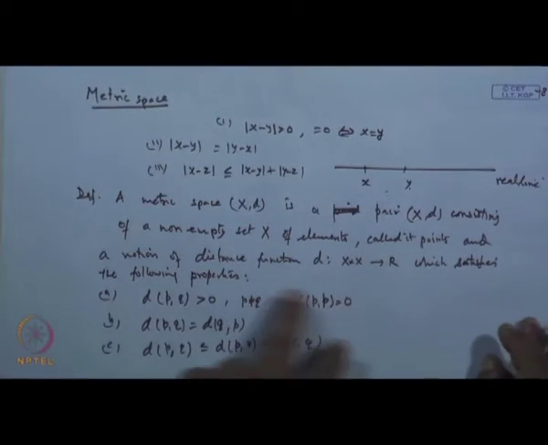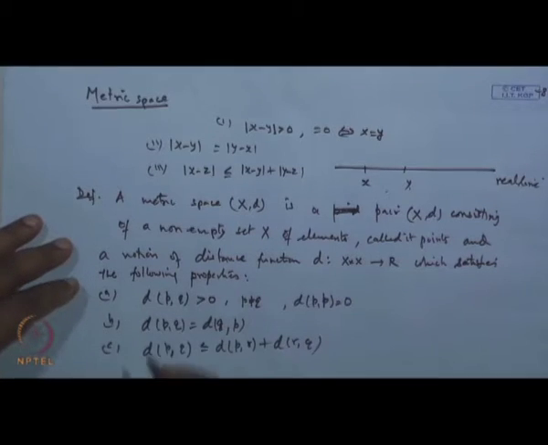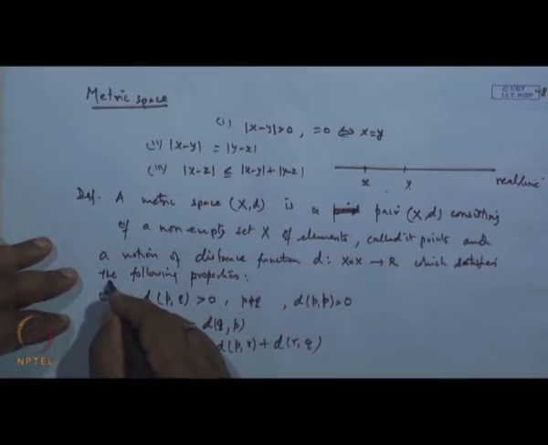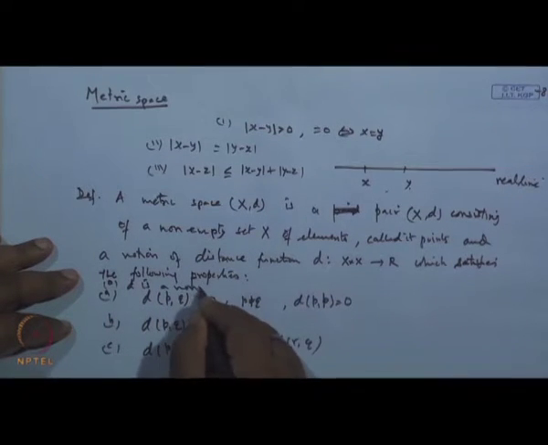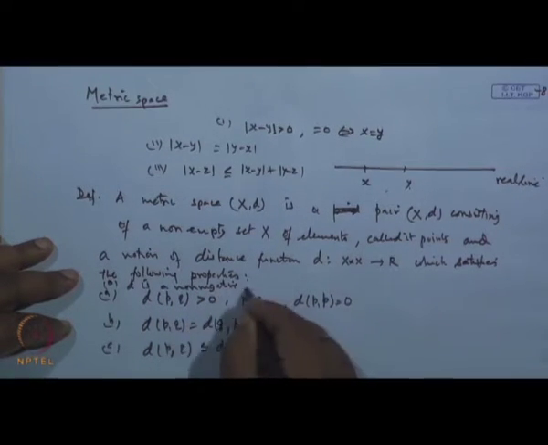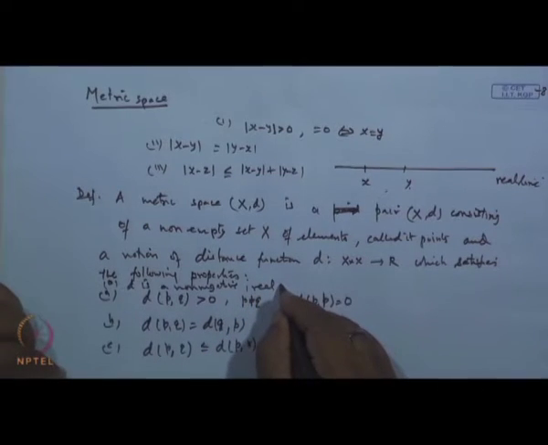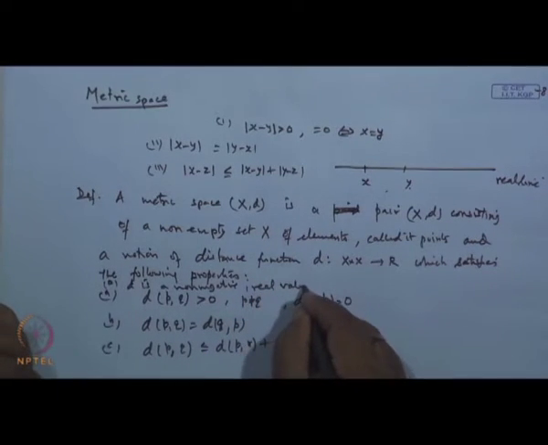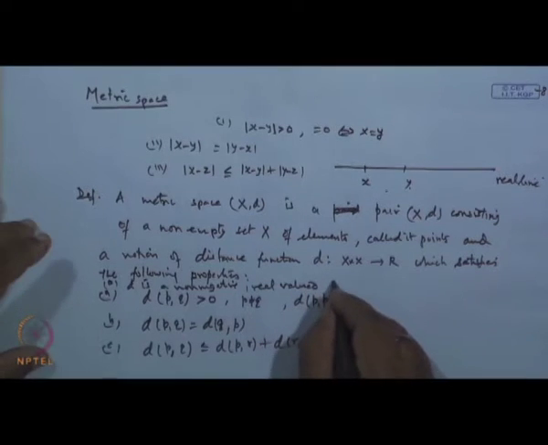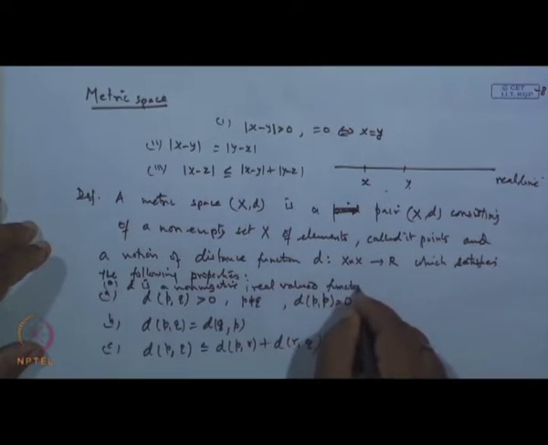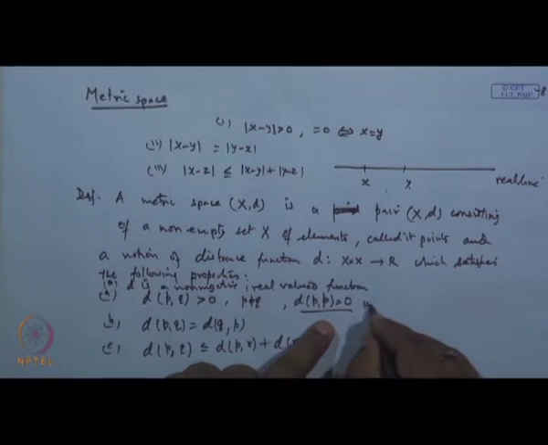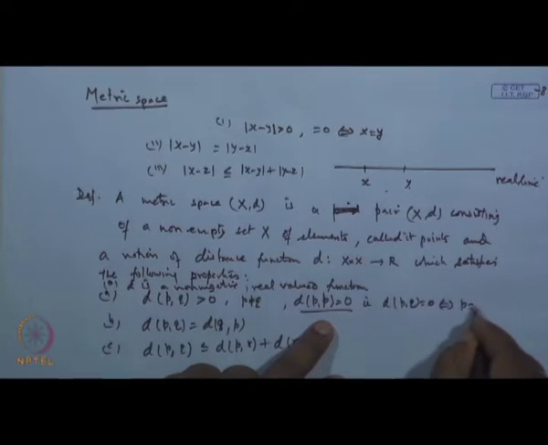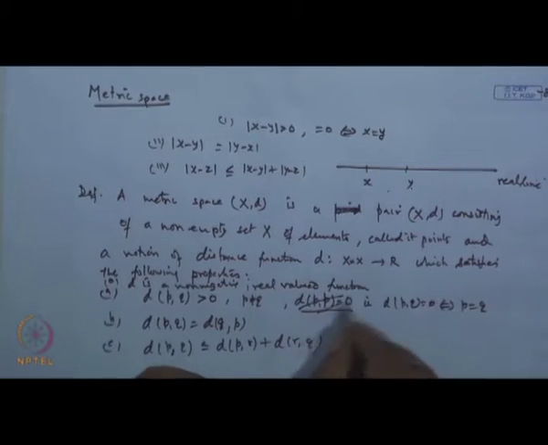So, the distance function satisfies the first property: d is a non-negative real valued function, and this property we can also write as d of p q is 0 if and only if p equals q.